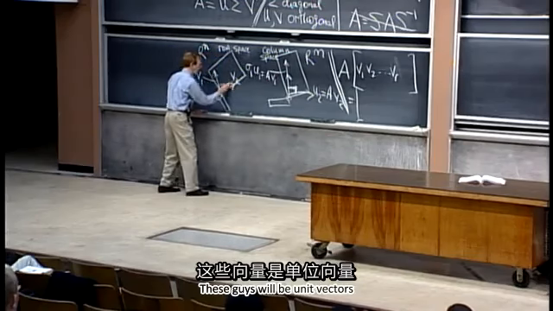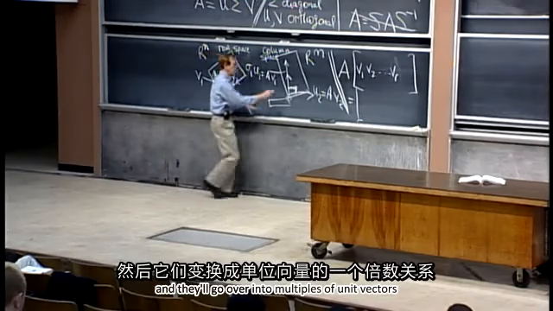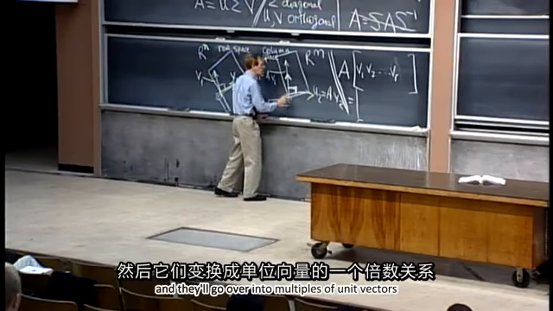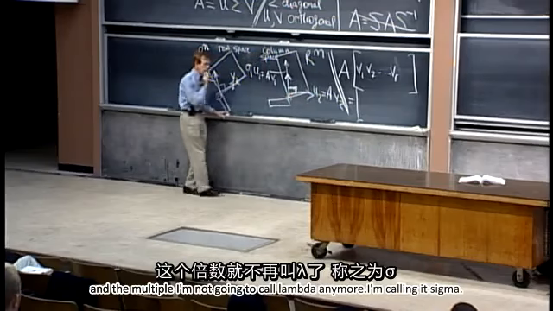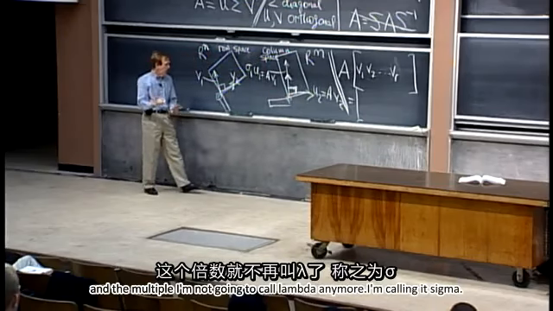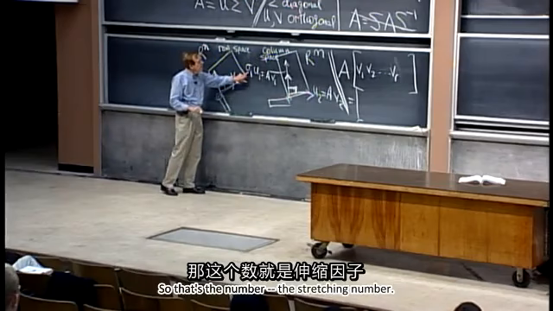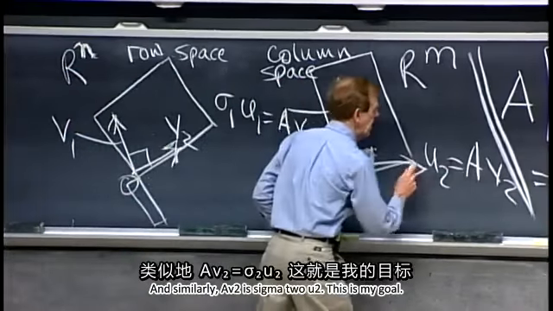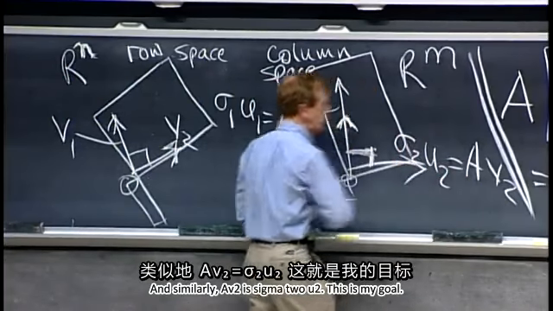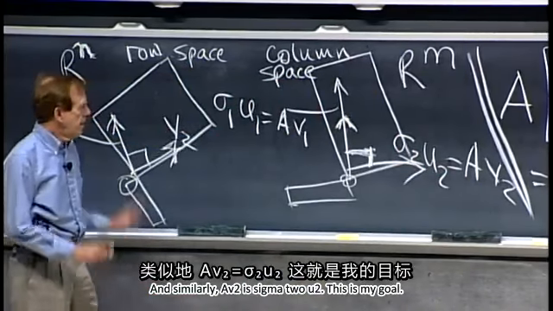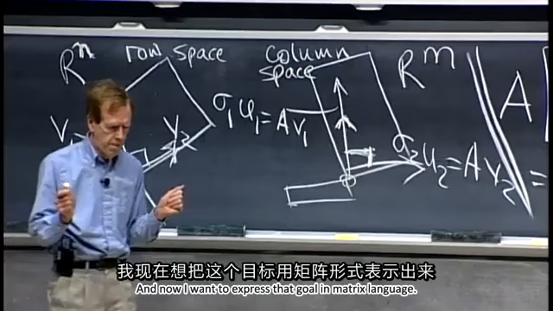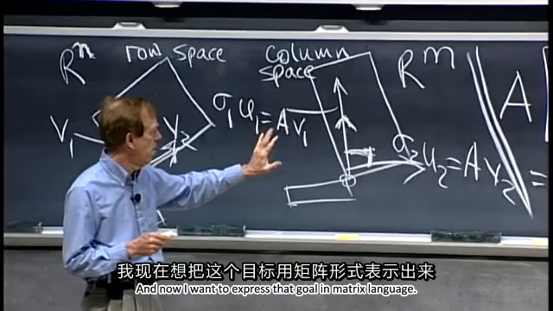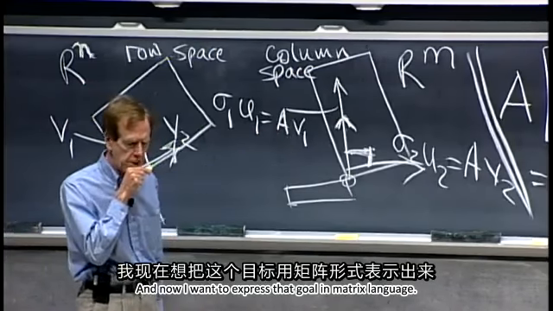These guys will be unit vectors, and they'll go over into multiples of unit vectors, and the multiple, I'm not going to call lambda anymore, I'm calling it sigma. So that's the number, the stretching number. And similarly, AV2 is sigma 2 U2. This is my goal. And now I want to express that goal in matrix language.